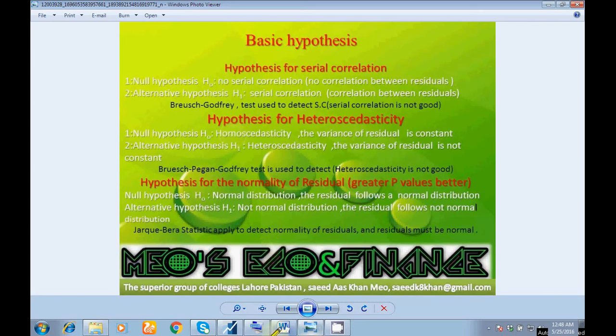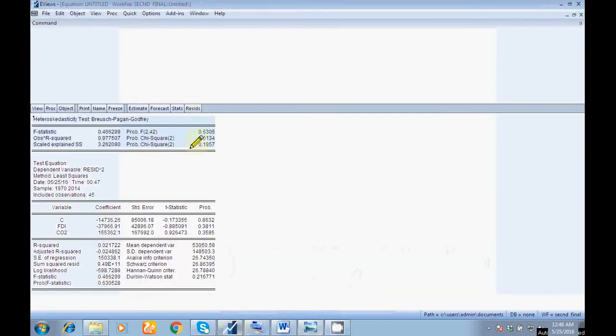So guys, look here at the output: the F-statistic and the probability value of the F-statistic. Look here at the Observed R-squared and the probability value of the Observed R-squared. On the basis of this probability value, we make the decision whether heteroskedasticity exists or not. Here the probability value is more than 5%, so I cannot accept the alternative hypothesis.